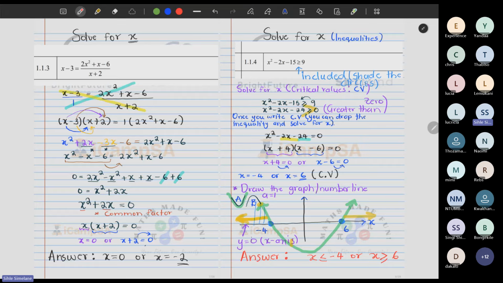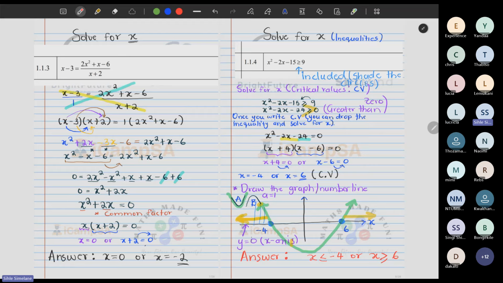What part do you not understand? The inequality part. Okay. So what do you mean the inequality part? Yes, the last part. Okay. So I'll need you to keep your mic on. So do you understand how we drew this graph? Yes, I do. Okay.